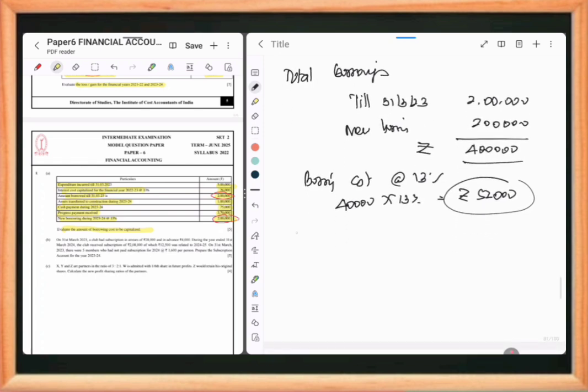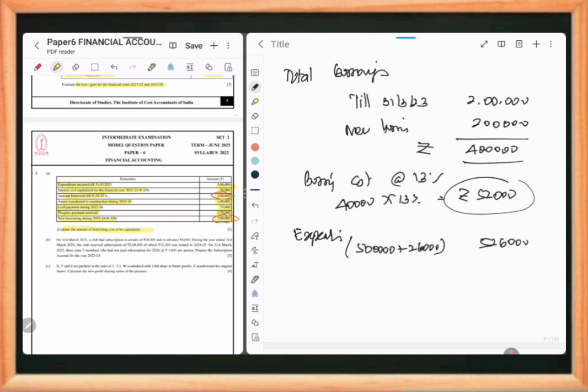So what is the total expenditure? The first expenditure incurred till 31/3/2023 is 5 lakhs, and we have to take into account the 26,000 rupees interest, which is also capitalized. The total amount is 5,26,000.